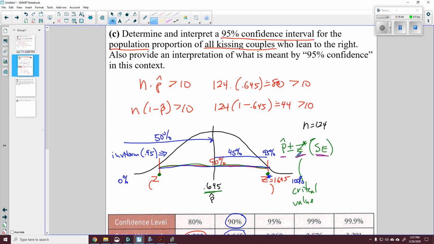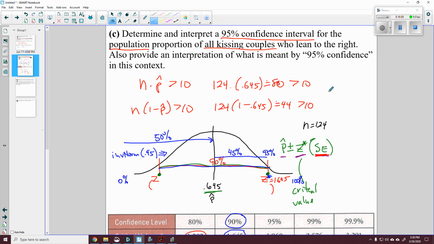I have 1.645, and I have to multiply that times my standard error. That is, I have 1.645 standard errors, or I oftentimes think of it as standard deviations away from the mean. But if I don't know what that standard deviation is equal to, then it doesn't help me get the exact proportion that I'm looking for.